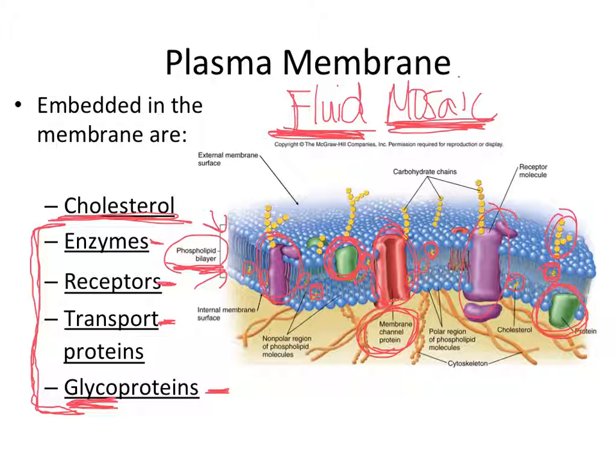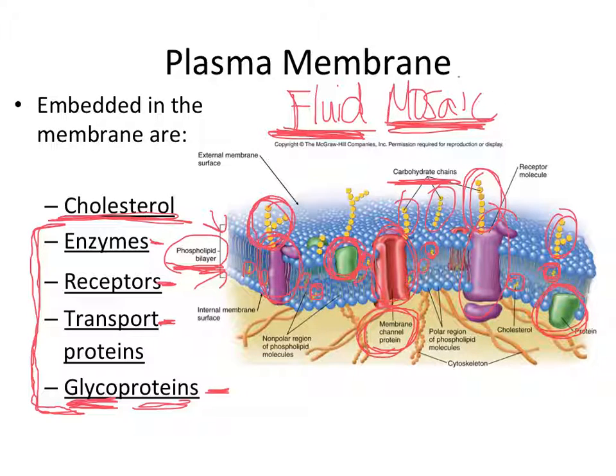So these proteins that you see that have these little yellow flags on them, here's an example right here, and here they're labeled carbohydrate chains. It's these carbohydrate chains that give the proteins their prefix glycoproteins. Now, glycoproteins function very similar to receptors. They allow cell-to-cell recognition. So one cell can distinguish self from non-self.